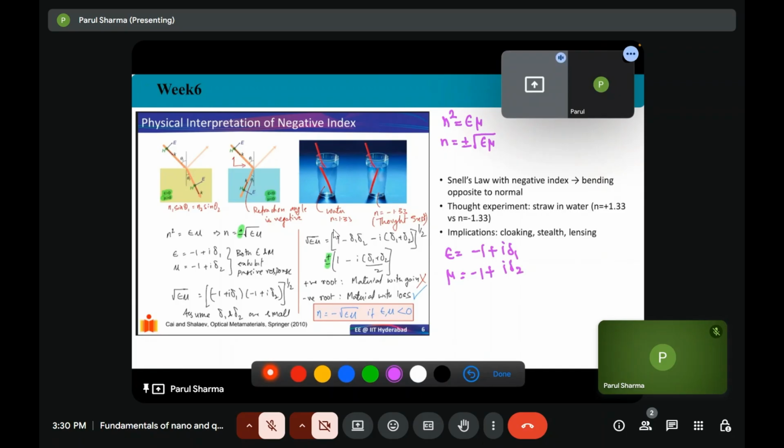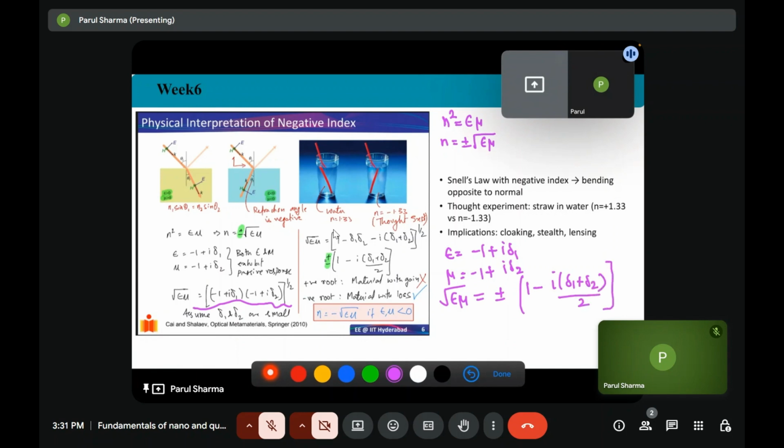So both epsilon and mu exhibit a passive response, and if I take the square root of epsilon mu, we get the square root of minus 1 plus i delta 1 times minus 1 plus i delta 2, and we are assuming that delta 1 and delta 2 are small. So we can write root of epsilon mu equals plus or minus 1 minus i times (delta 1 plus delta 2) over 2.